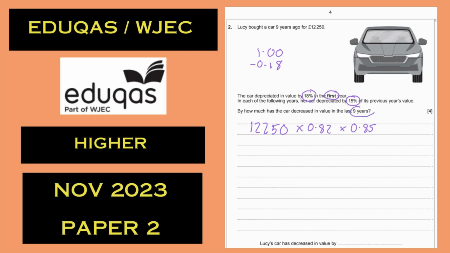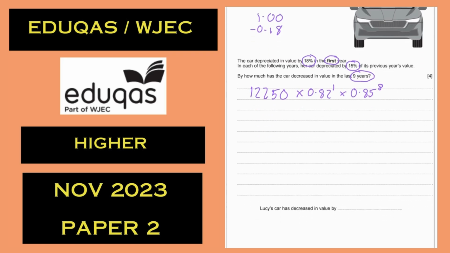Now it says 9 years there, but don't forget 1's already been done. The 0.85 needs the power of 8. If you bash all that in your calculator, you should get, and we'll go nearest pence, £2,737.17. Don't celebrate.